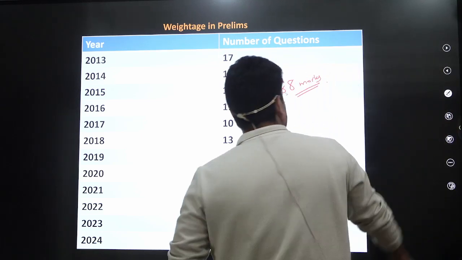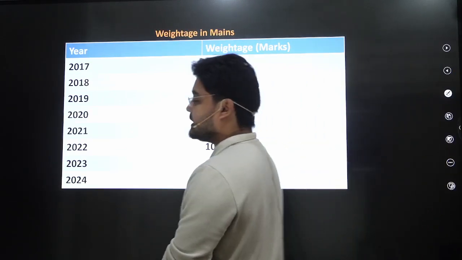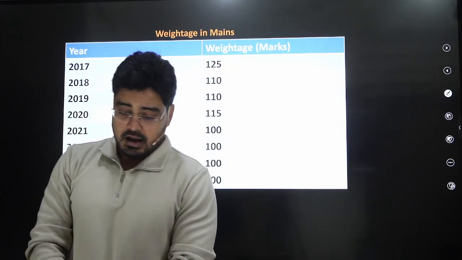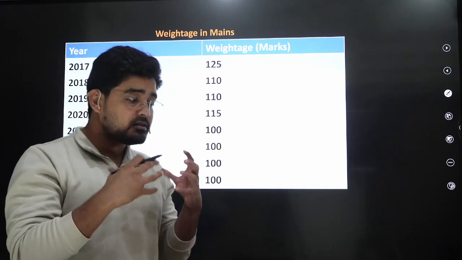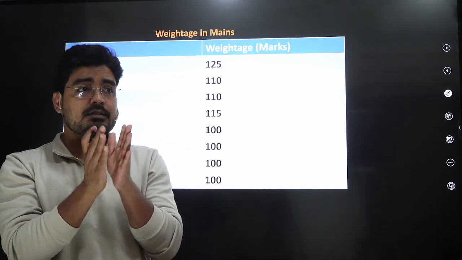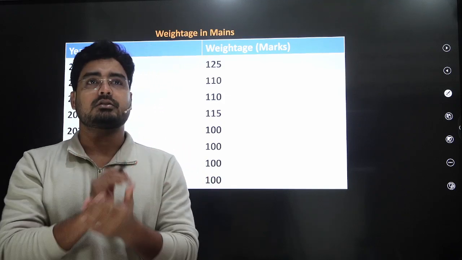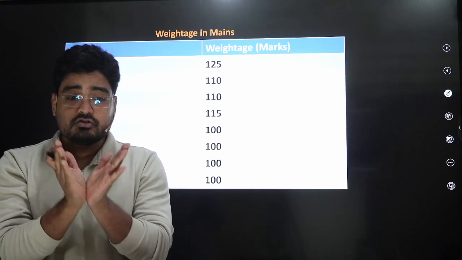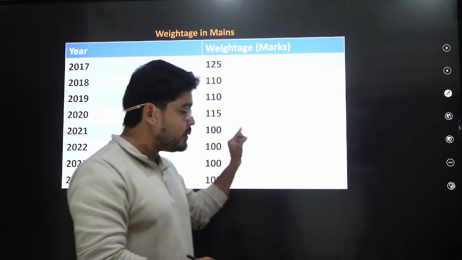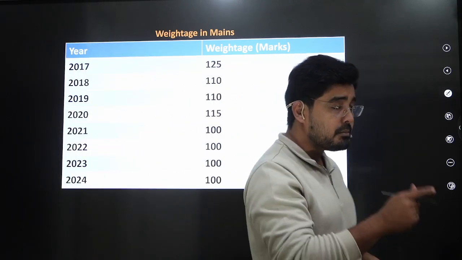Now let us look at the mains weightage. As I told you, from the civil service examination point of view, the economy subject is both objective and analytical in nature. Owing to this dual nature, it has equal significance in the mains examination as well.